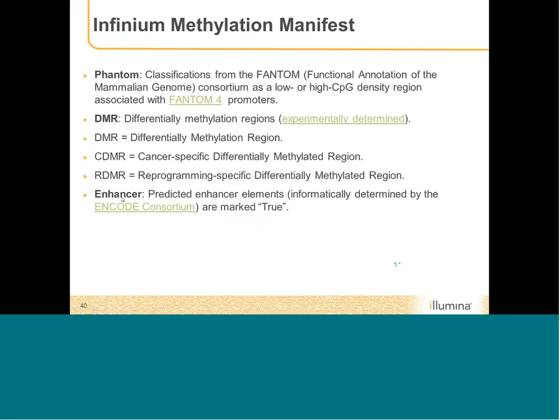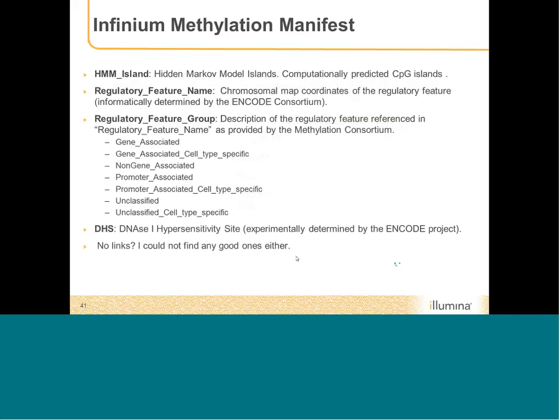We also have an enhancer column that was predicted enhancers that come from the ENCODE consortium, and here's a link out to that page. Other columns are not quite as well described: hidden Markov, regulatory feature names, and regulatory feature groups. These were provided by the Methylation Consortium scientists, and we don't have much more information outside of what is listed in the manifest. All right.